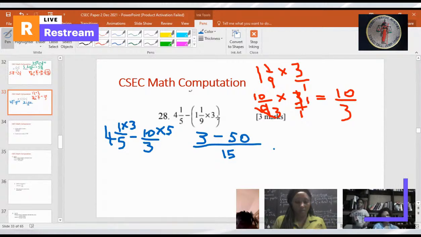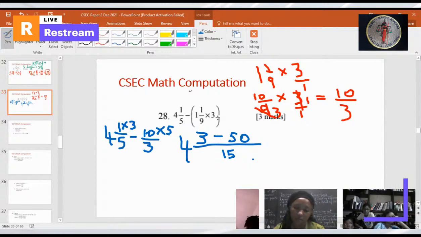Okay, Miss, so we're going to take 1 from the 4 and bring it over as 15. Miss, we're going to take it 3 times. Why do you take it 3 times? Miss, because if we take it once, it's not going to be enough. And if you take it 3 times, would it be enough?